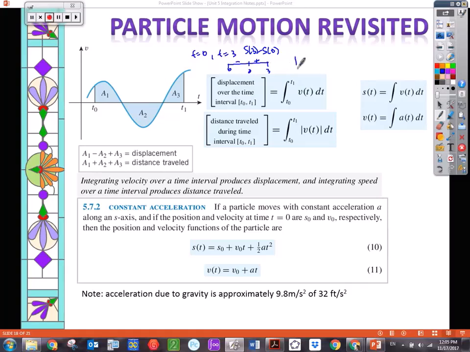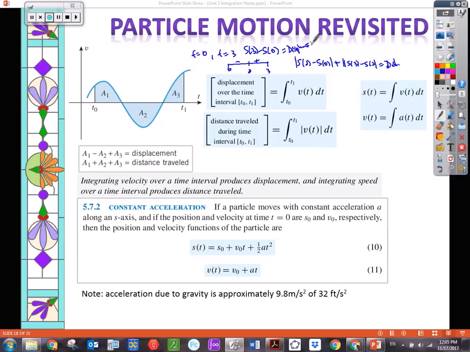Remember we did the absolute value of end minus beginning, like absolute value of s of 2 minus s of 0, plus. So absolute valuing it would get rid of that negative. And we don't really have to do the absolute value of the second piece, but that's just what we did. So s of 3 minus s of 2. And that would have given us our distance, right? This gave us distance, and this gave us displacement.